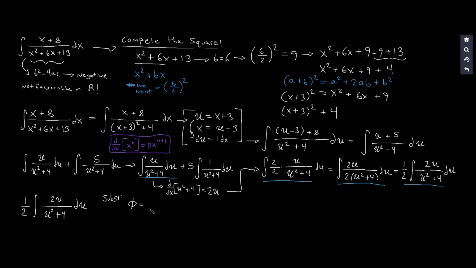We'll let phi equal u squared plus 4, because this is another round of u substitution. So we'll let the derivative of phi equal 2u. Dude, this might work. Hold on. Wait, I'm really intrigued right now. I'm really into this, you guys. 1/2 times.